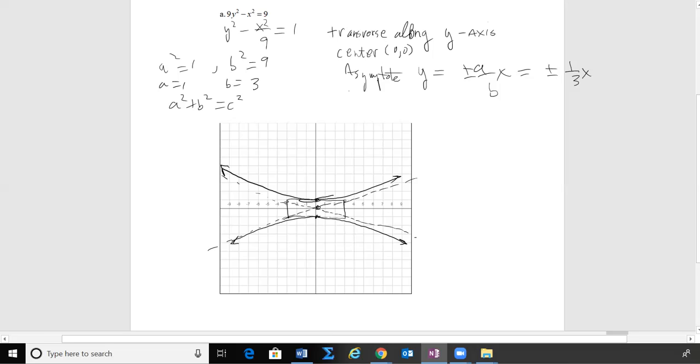So you can see that c is going to be the square root of 10, right? 1 and 9. So that's the square root of 10, and it's about 3.2. So up in here at 1, 2, 3, about there, you have the focus.